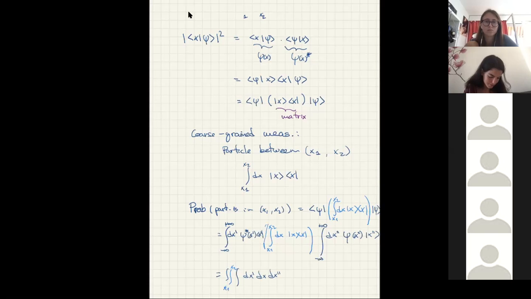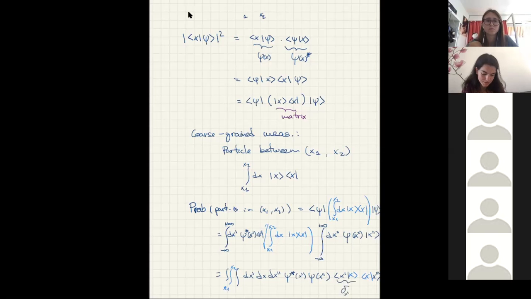So now what we have is the psi star of x', the wave function of x'', and now we have these two inner products, right? So we have ⟨x'|x⟩ and ⟨x|x''⟩. And now all of these are going to die unless they are, okay, let's just write it down.